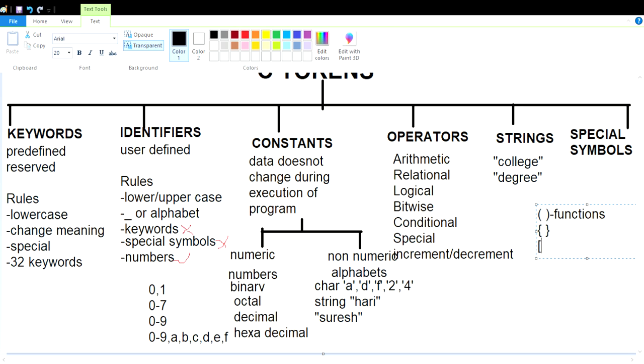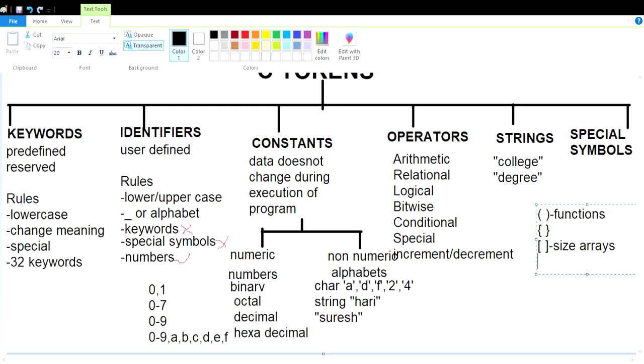Next one is open square bracket, closed square bracket. These are used to mention the size. We use square brackets mostly in arrays, where we specify how many variables we are using in the program.